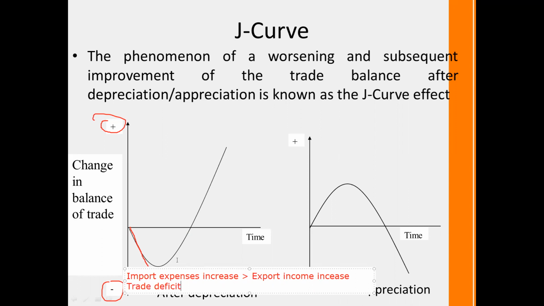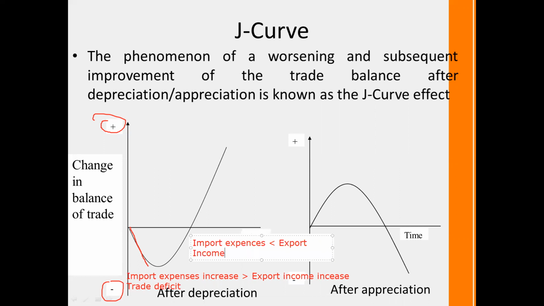But when people are ready to consume import substitutes, then import demand declines, right? And when we are ready to provide more export goods and foreigners are ready to buy our goods, then export income increases. Here what we can see is, right, import expenses are now lower than export income, right?